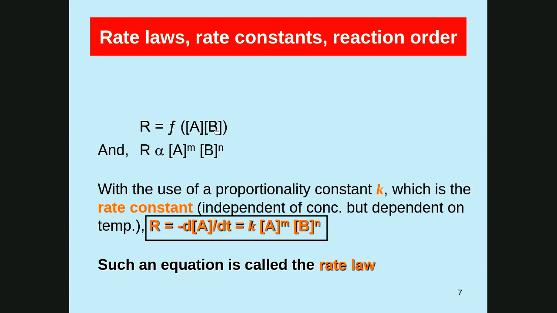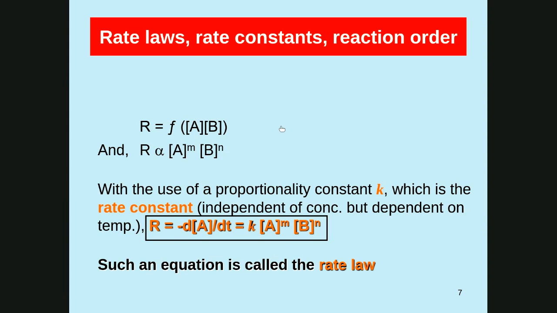And one particular instance is shown over here, where the function is a proportionality of power of A to the power m, and B to the power n, where m and n are either integers or fractions. In the case of a fraction, you know that the reaction must proceed through a complex mechanism, which you are then expected to unravel.